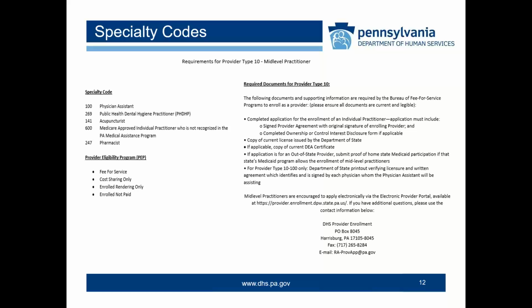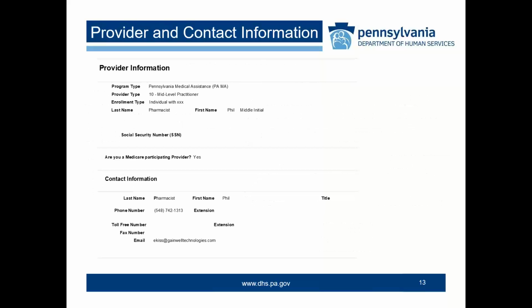These 2 PEPs are primarily used for FQHC or RHC, which is a federally qualified health center and a rural health center. Next, you will also see the requirement documents. So of course, you would submit your electronic application through the portal, the Promise portal.